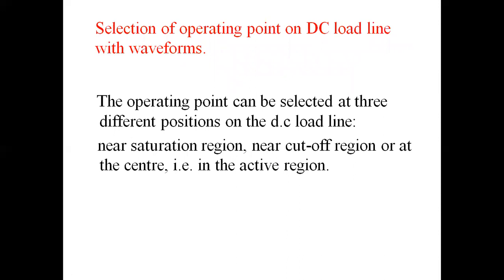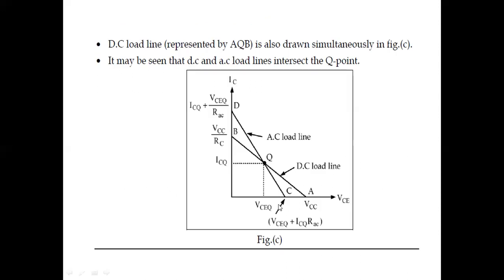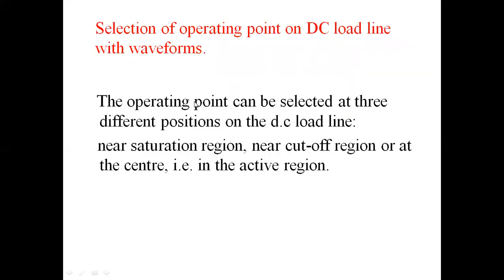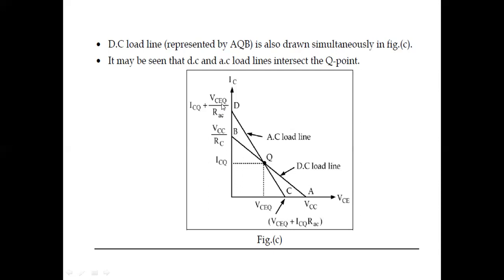The DC load line is drawn by joining point A and point B, whereas the AC load line is drawn by joining points C and D. Point C represents the VCE value, which is equal to VCEQ plus ICQ into RAC, and point D represents ICQ plus VCEQ by RAC.